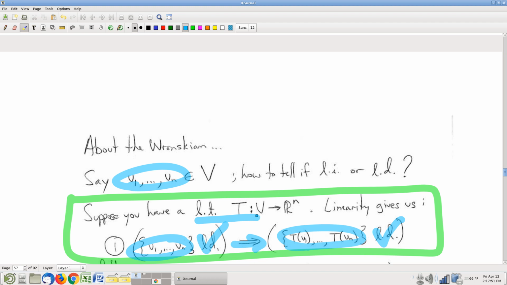Again, details for y'all. This is a brute force, it's not even that brute, a gentle application of force theorem. Suppose that you have a dependent list of vectors. That means you have a relation. Write down the relation, take that relation, apply the linear transformation, and use linearity.